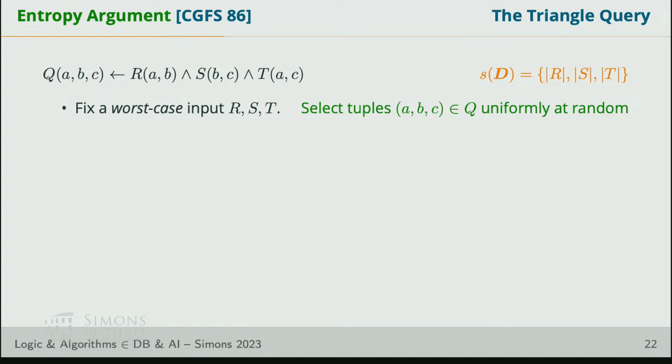So let's select a tuple A, B, C in Q uniformly at random. This is for the worst case input. Q could have trillions of tuples. Let's just select one tuple out uniformly at random.